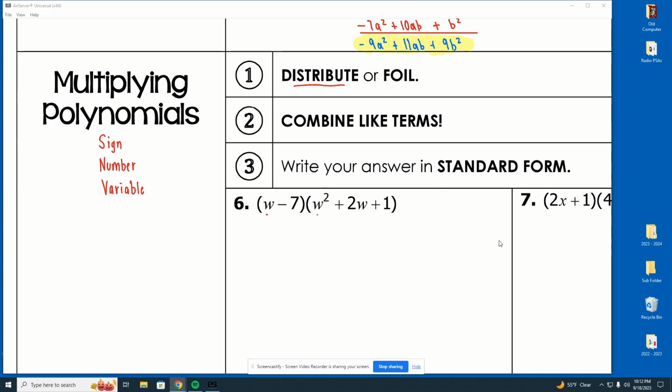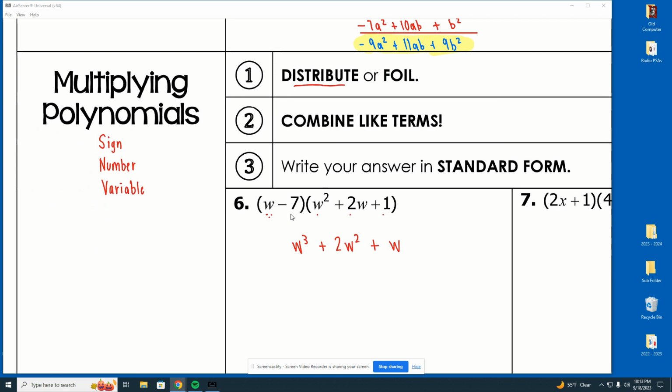W times w squared is w cubed. Now I need to distribute w to positive 2w. Again, focus on sign: positive times positive is positive. W times 2w is going to be 2, that's our number, w squared, that's our variable. And then lastly, we've got w times 1. That's just w.